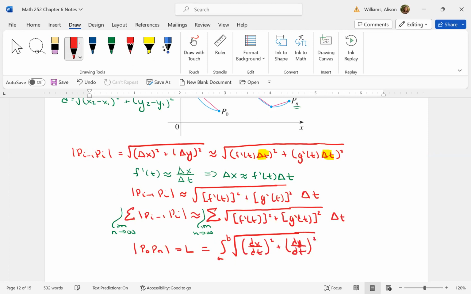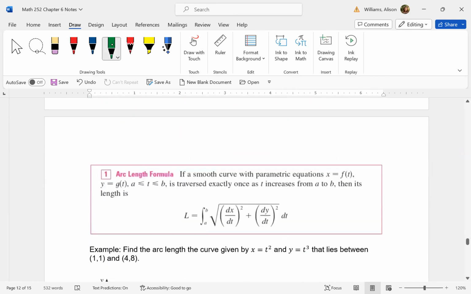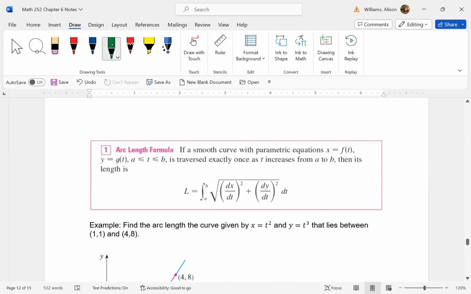That way they're not being specific to an actual function type, but just referring to whatever equation we're using for x and whatever equation we're using for y, and no longer delta t, but now dt. And there we go. There is our equation for finding arc length. Not too bad. And here it is, nice and clean right from the book.